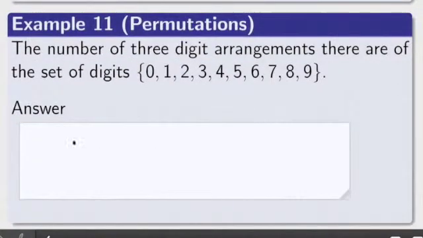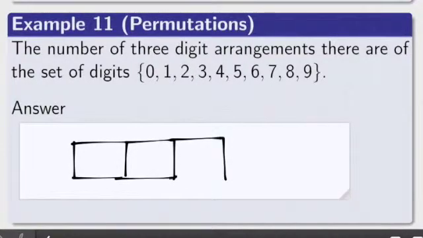So we are interested in 3-digit numbers, so we'll draw 3 boxes. For the first box, which is the most significant digit of the 3-digit number, we can't choose 0 for this box, so the number of choices for the first box is 9, since we can't choose 0.